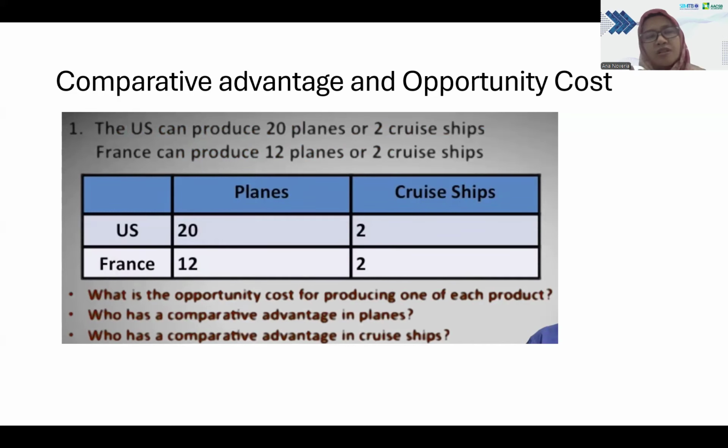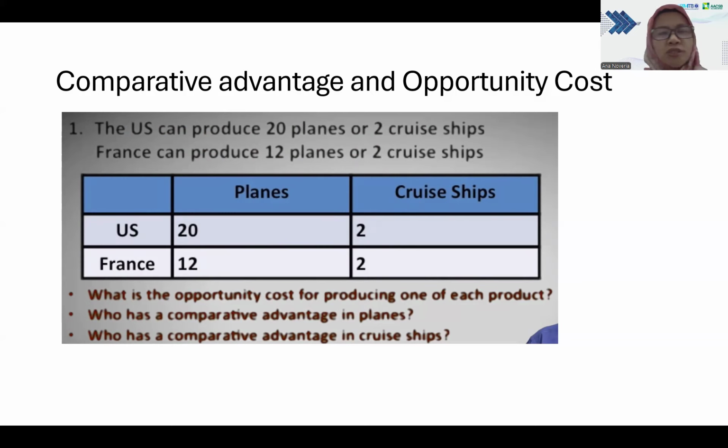Now the comparative advantage. This is an important concept for international trade, as I mentioned before. Because of this concept, a country should produce the good for which they have a lower opportunity cost.